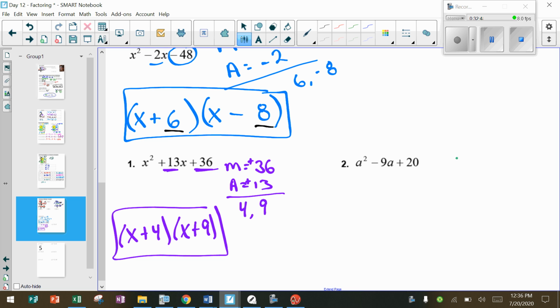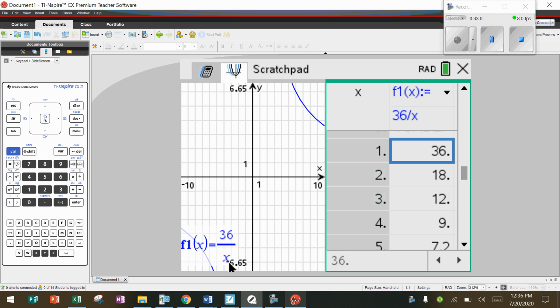I want two numbers that multiply to be a positive 20, and then those same two numbers somehow have to add up to be a negative 9. So we can go to the calculator, either the Inspire or your TI, whatever you have. And there's a couple options.